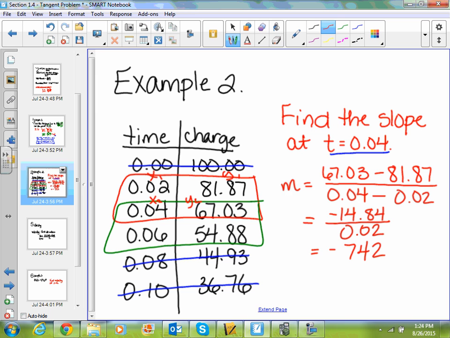Okay, so I know my slope for the first part is negative 742. Now I want to find my slope for what I have in green. So I'm going to change this one to be x1, change this one to be y1, and x2, y2, and I'm going to do the same thing.